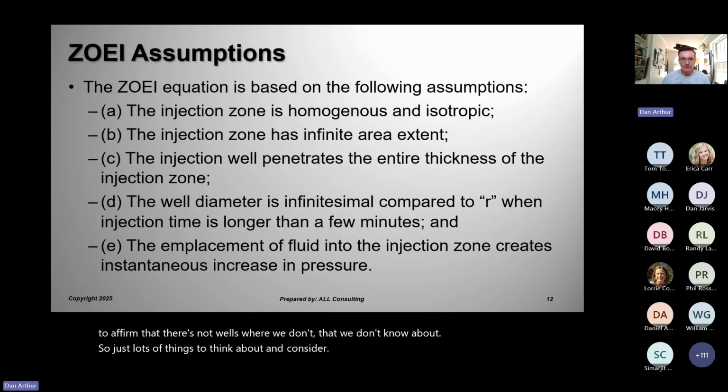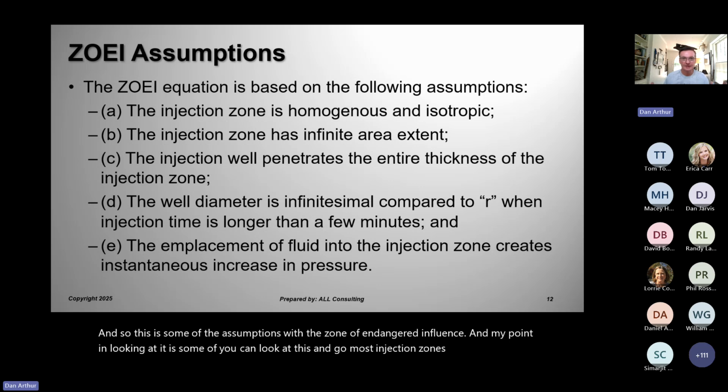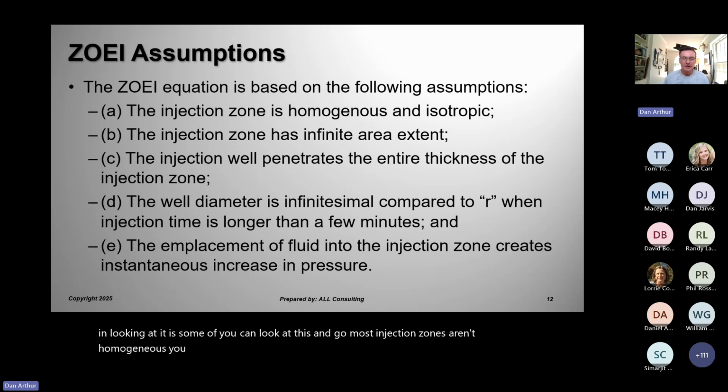And these are some of the assumptions with the zone of endangering influence. My point is that some of you can look at this and say, well, most injection zones aren't homogeneous, for instance. But by studying the geology in the area, downhole logs, all those kinds of things, you can get some really good ideas on how this might change and how it could evolve.